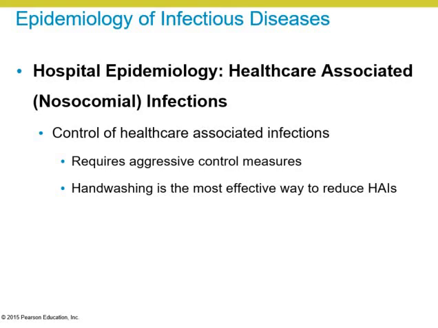Aggressive control measures can noticeably reduce the incidence of HAIs. These measures include disinfection, medical asepsis, including good housekeeping, hand washing, bathing, sanitary handling of food, proper hygiene, and precautionary measures to avoid the spread of pathogens among patients.